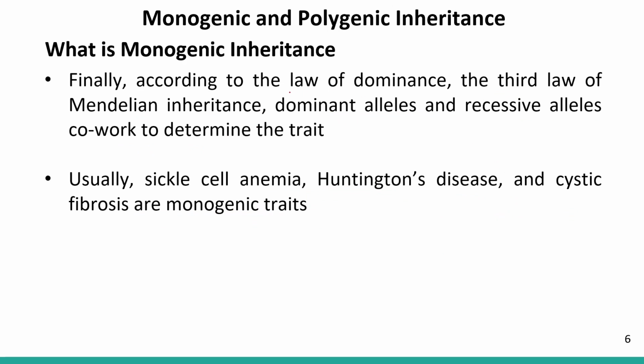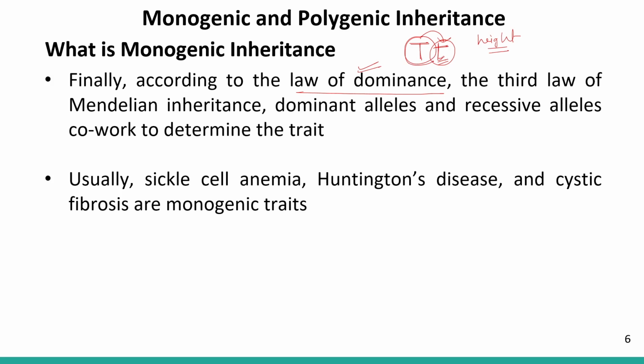Finally, according to the law of dominance, what does the law of dominance say? One allele is dominant to the other allele of the same locus. For example, for height, we have two alleles, the capital T and small t, right?